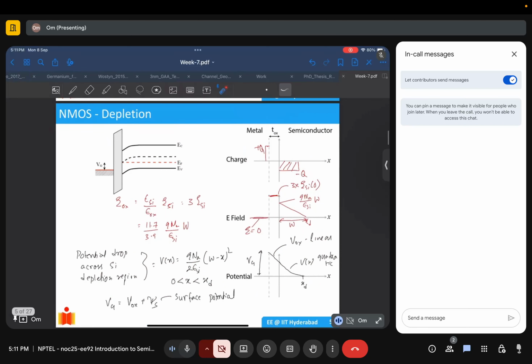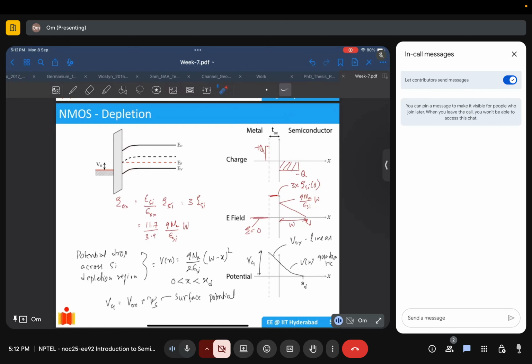In depletion, when you apply a small positive voltage Vg to the gate, the metal Fermi level will shift downwards, and your bands will bend downwards. Right? So you're depleting the holes from here.